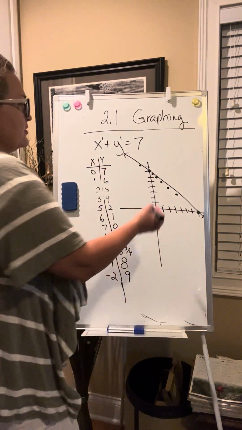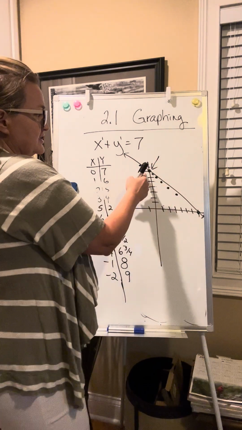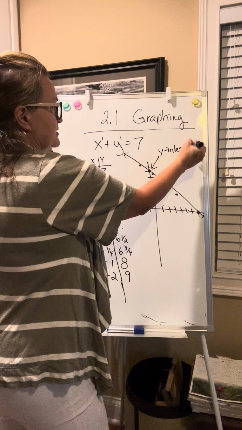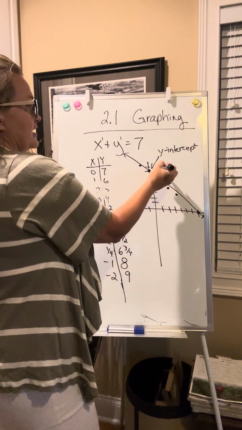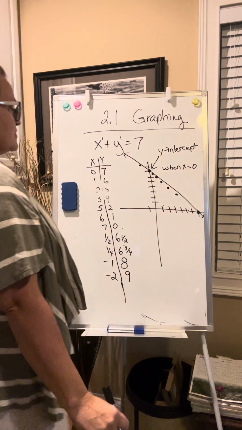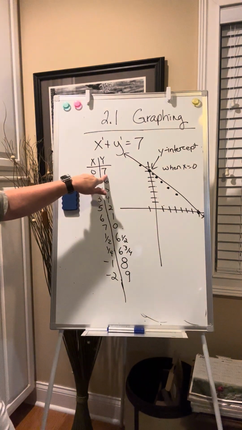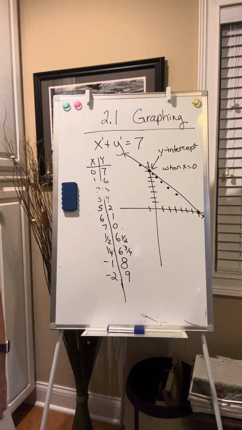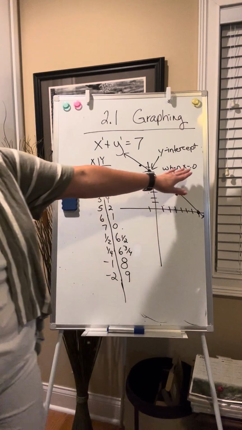Let me point out some critical points. This is considered the y-intercept. The y-intercept always occurs when x is 0, when you let x equal 0. So here we see 0 for x, 7 for y. That's how you find a y-intercept in general with graphing any equation, by plugging in x is 0.